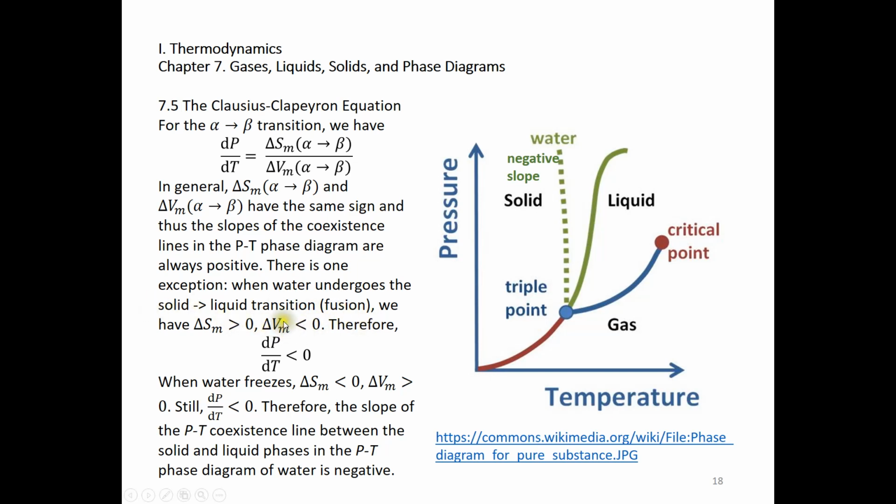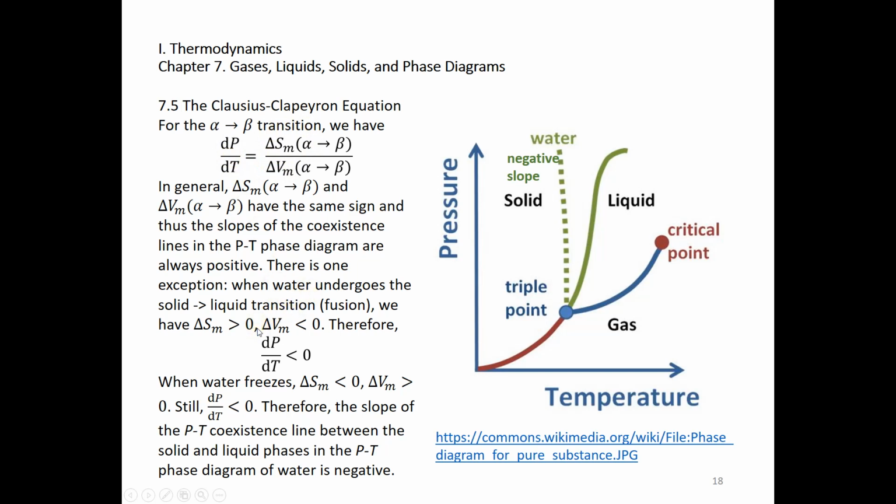Therefore, the molar volume of liquid is smaller than the molar volume of solid. So in this fusion process of water from ice to liquid water, delta entropy is greater than 0. Delta volume is less than 0. So over here we can see dP over dT will have to be negative.